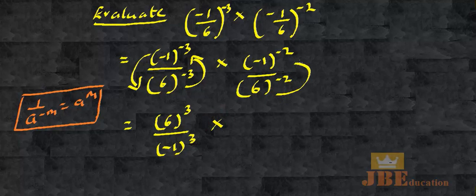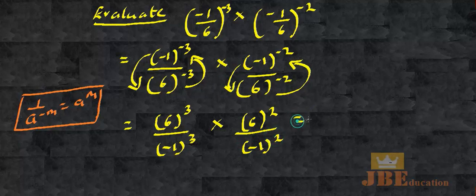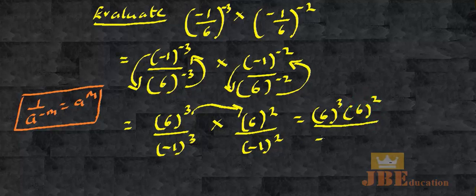6 raised to the power negative 2 goes to the numerator, so that's going to be 6 raised to the power positive 2 divided by negative 1 raised to the power negative 2 goes to the denominator, so that would be positive 2. Now I am going to be grouping these two together, so that would be 6 raised to the power 3 multiplied with 6 raised to the power 2 divided by negative 1 raised to the power 3 with negative 1 raised to the power 2.